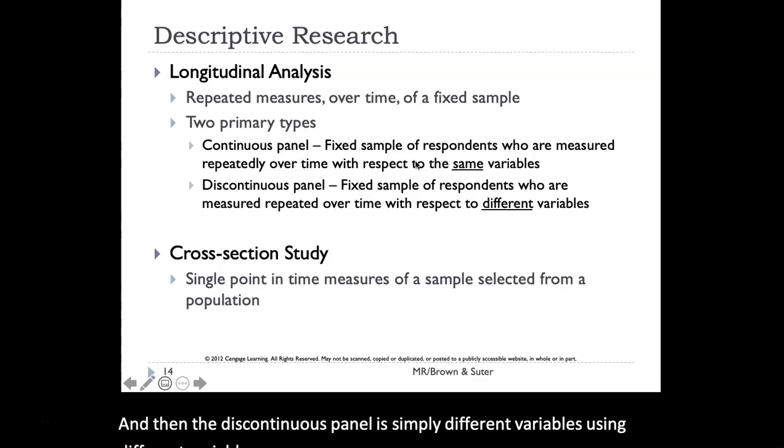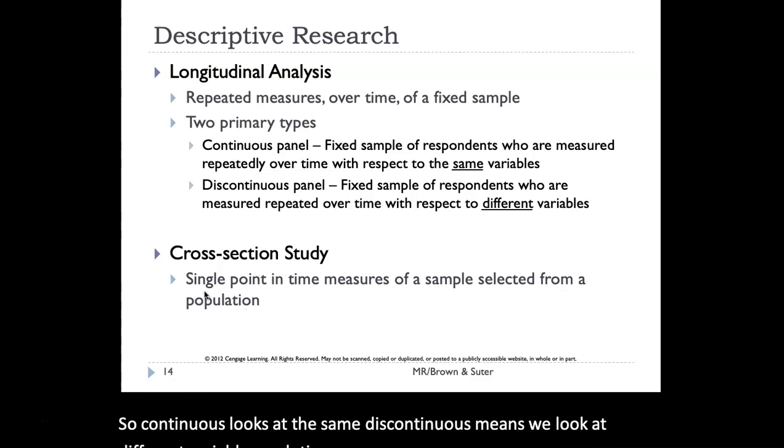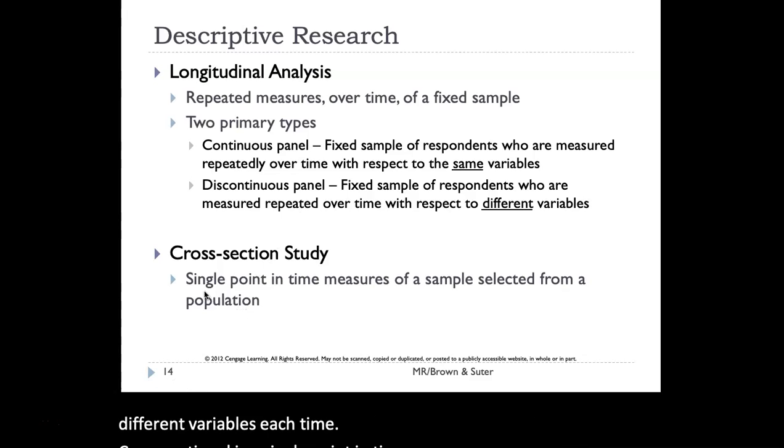So continuous looks at the same. Discontinuous means we look at different variables each time. Cross-sectional is a single point in time that measures a sample selected from the population. So we might take 1,200 people in West Virginia on Tuesday and ask them a question.